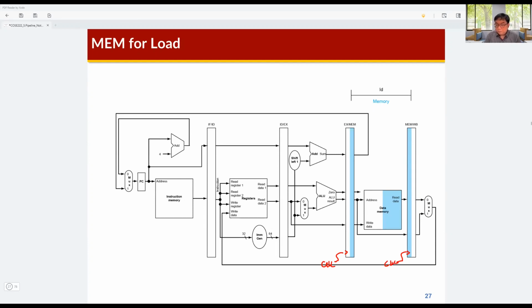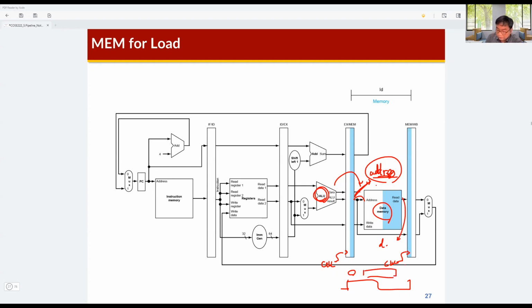Okay, so this is the memory stage of the load instruction. At the memory stage of the load instruction, the generated address is delivered from the ALU, but this is the sampled data. So it's just sampled by the rising edge of the clock signal. At the rising edge of the clock, this address is given to the data memory, and then the data comes out from the data memory.